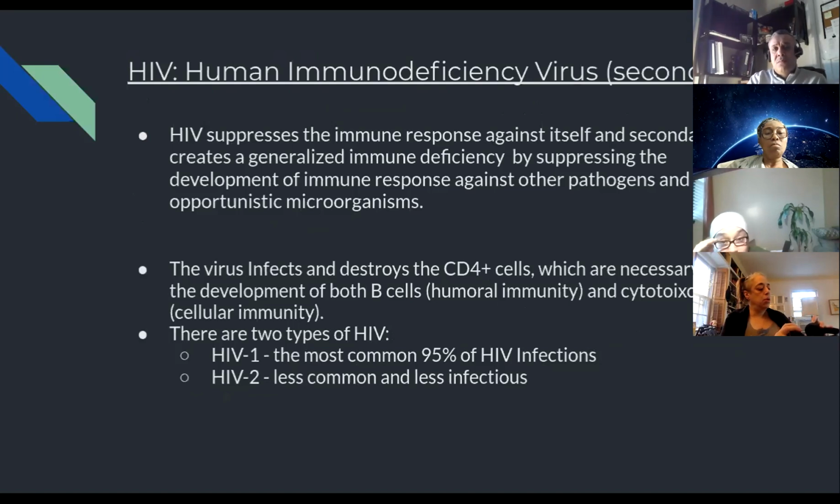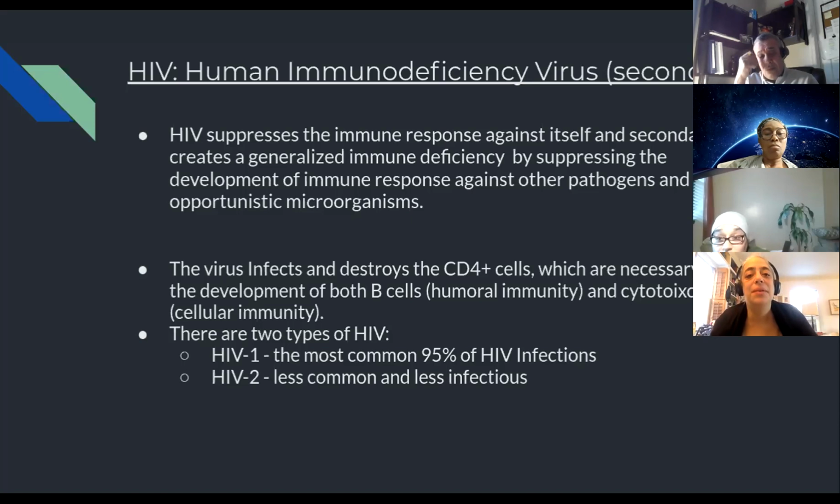HIV, the human immunodeficiency virus, is secondary. So HIV suppresses the immune system against itself and secondarily creates a generalized immune deficiency by suppressing the development of the immune response against other pathogens and opportunistic microorganisms. The virus affects and destroys the CD4 cells, which are necessary for the development of both B cells for humoral immunity and cytotoxic cells, which are for cellular immunity.